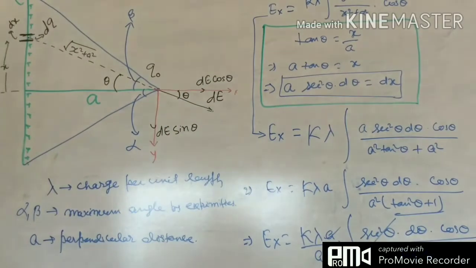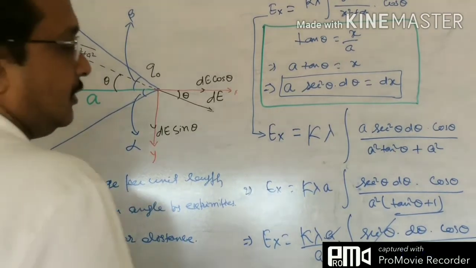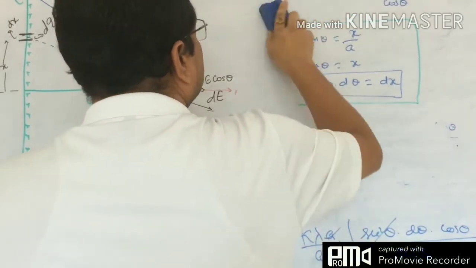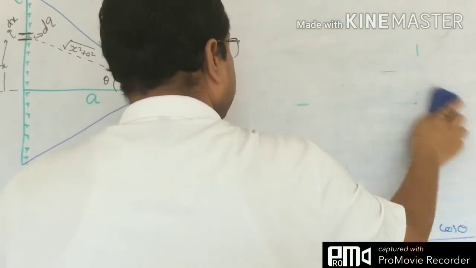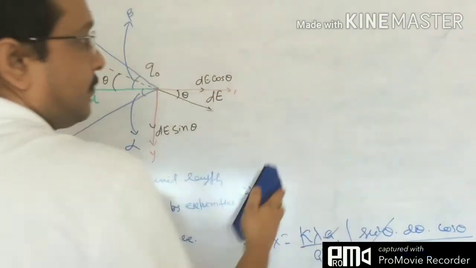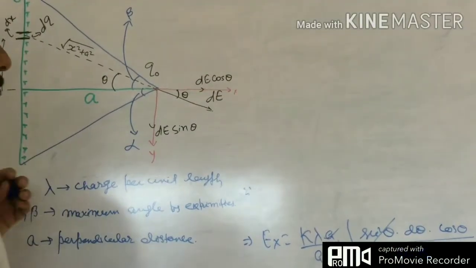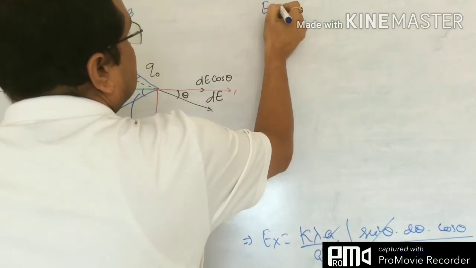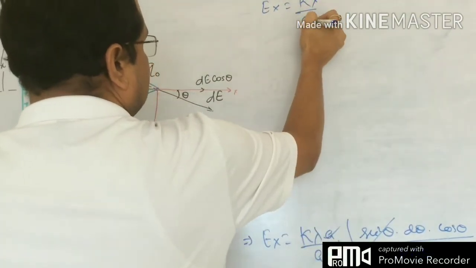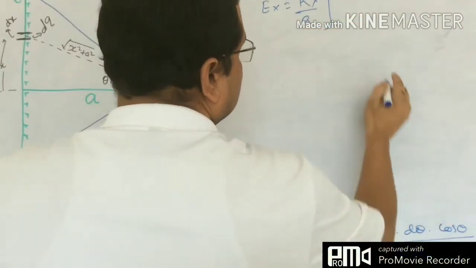Now it is a simple integration that you can find. So now it is easy. Ex equals k lambda by a integration of cos theta d theta.